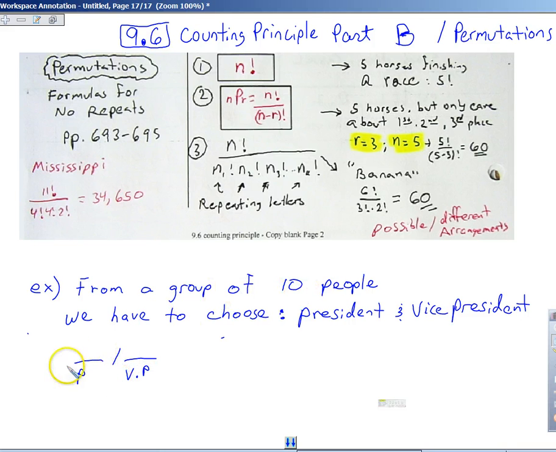Out of the 10 people, any one of them can be elected for president. So there are 10 choices for president. But once president has been taken, for vice president, there will be 9 people left that can take vice president. So the answer here is 10 times 9, 90.